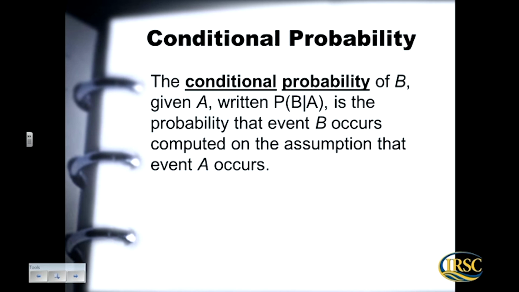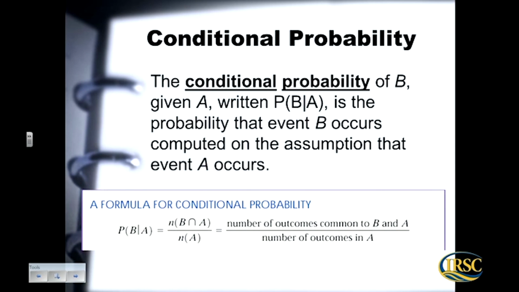So, for example, well, let me give you the formula first, sorry. So the formula of the probability of B given A, now, the book gave it to you in set theory first here. Notice that this is from chapter 2. The cardinal number of B intersect A, which is the same as saying the number of outcomes in common to B and A. So how many times can you get both, in other words?